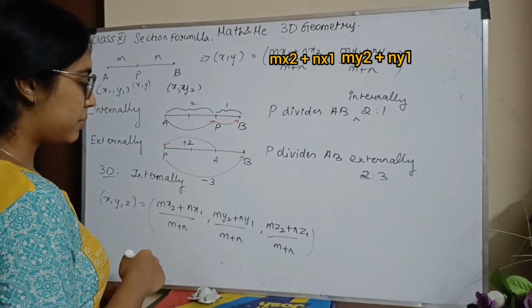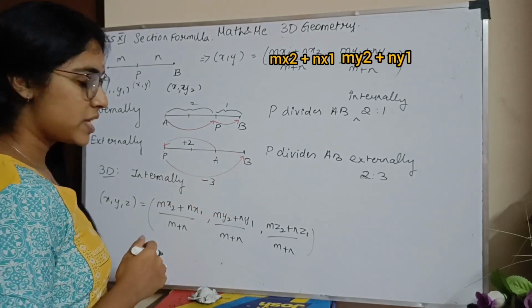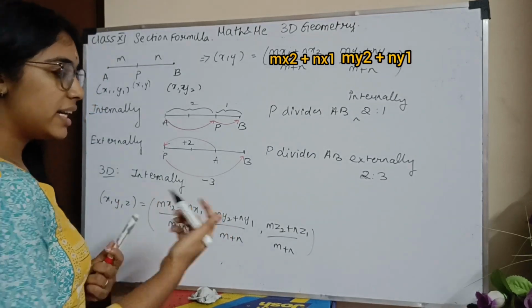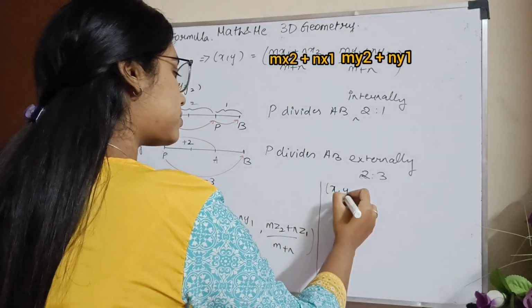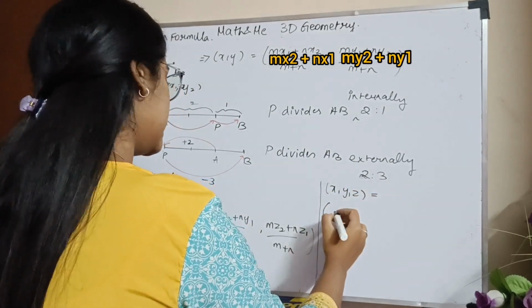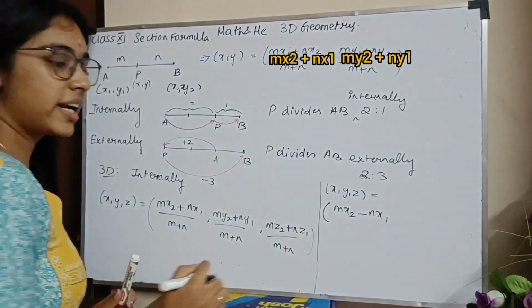இப்போ externally na எப்படி இருக்கும்? You see that when m is positive, n is negative, correct? So இந்த formulaல you will have negative n. So what will be your formula? So x, y, z will be m x2 minus n x1. n ஓட value negative ஆயிடும்.